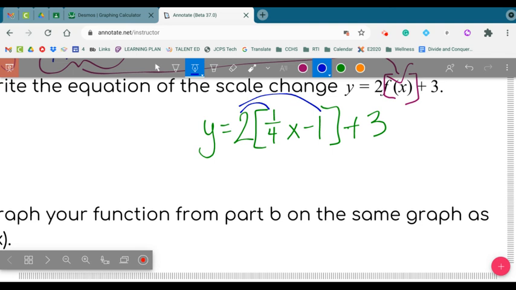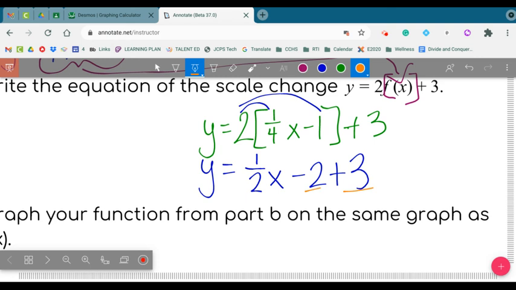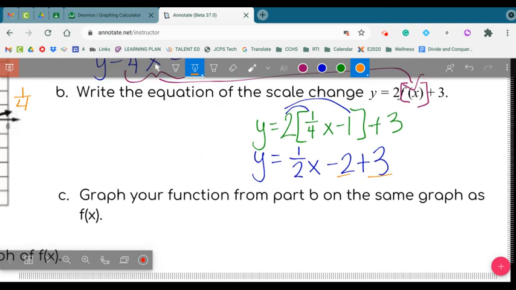And then I'm going to distribute. 2 times 1/4 is going to give you 1/2 x. 2 times -1 is going to give you -2, and then plus 3. Combine your like terms. So your final equation is going to be y equals 1/2 x plus 1.